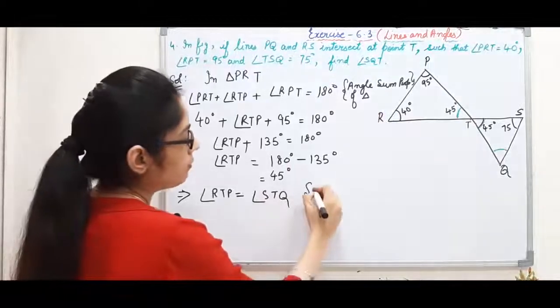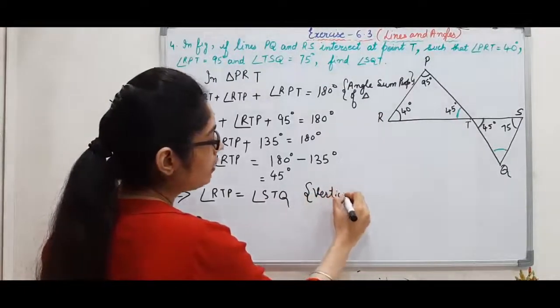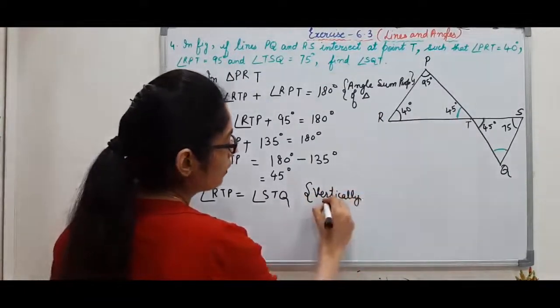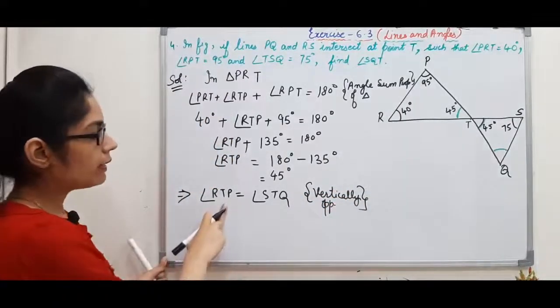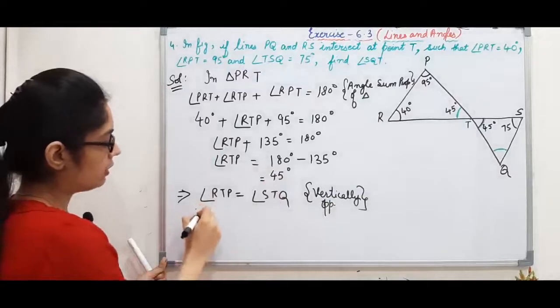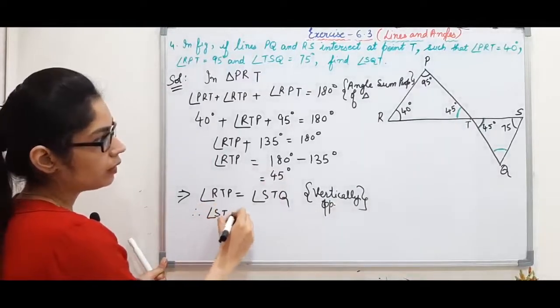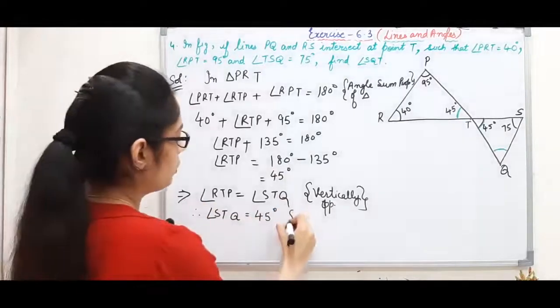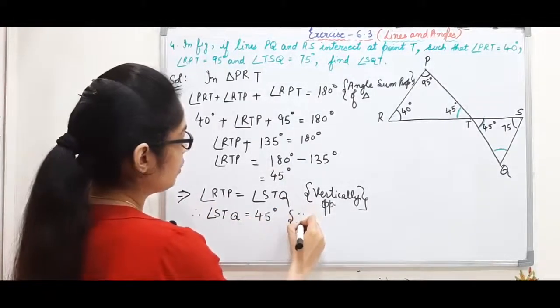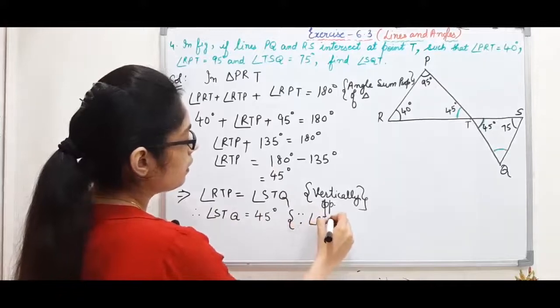The reason we can also mention: these are vertically opposite angles. So RTP is equal to 45. Therefore angle STQ is also equal to 45 degrees, because angle RTP is equal to 45 degrees.